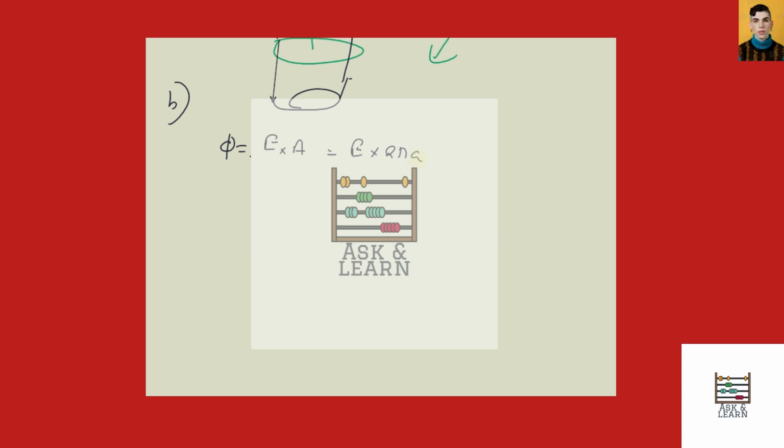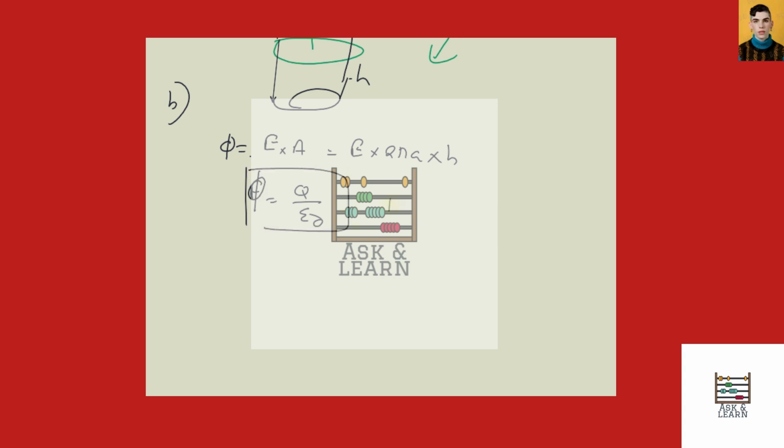So that will not be 2 pi A, but it is going to be pi r square. Let's assume this has a height of h. So 2 pi A times h will be the area. So flux phi will be equal to Q by epsilon 0 according to Gauss's law.